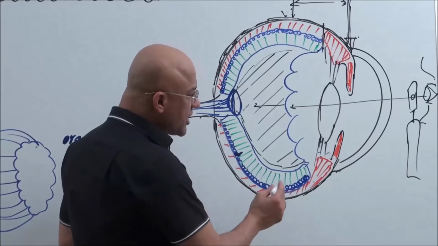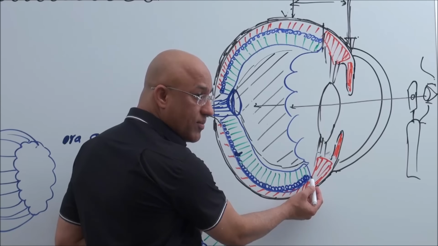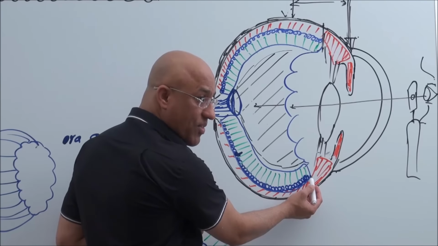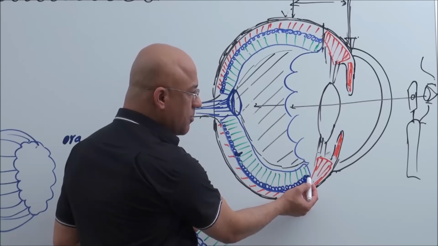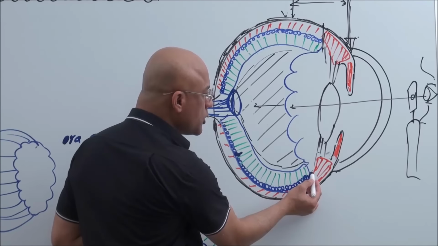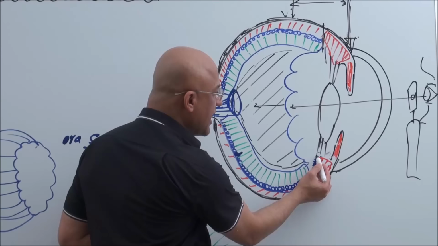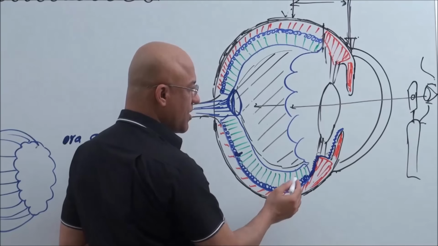Before, I repeatedly said that the retina terminates at the ora serrata. But actually, the pigment epithelium of the retina continues anteriorly as the epithelial layer on the ciliary body and the posterior part of the iris.